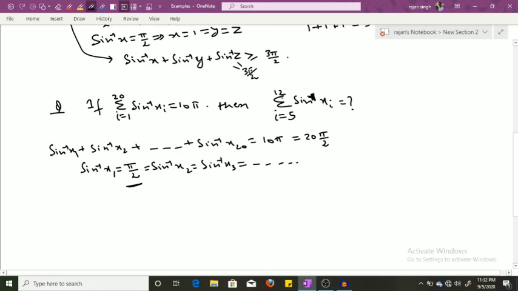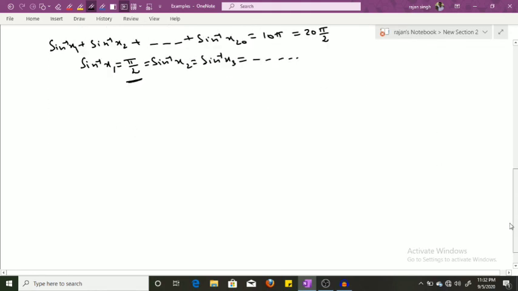How many pi by 2 do we need to add from 5 to 12? Total 8 pi by 2s. So 8 times pi by 2, what is this? 4 pi is the answer. Not so tough a problem.